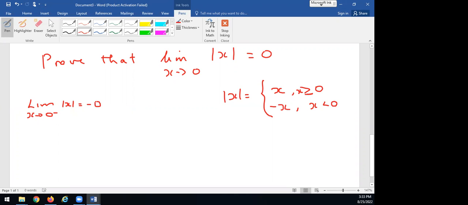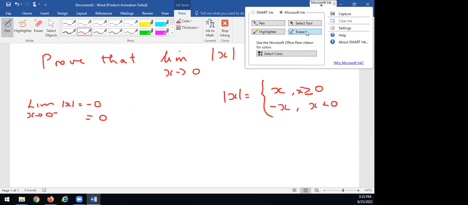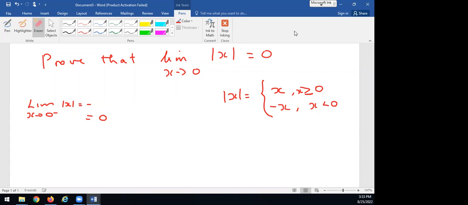No. It's just going to be 0, right? A 0 cannot be negative. I don't like the look of having a negative 0 there, so I'm just going to put minus x. That's the definition I'm using, which is just going to be 0.